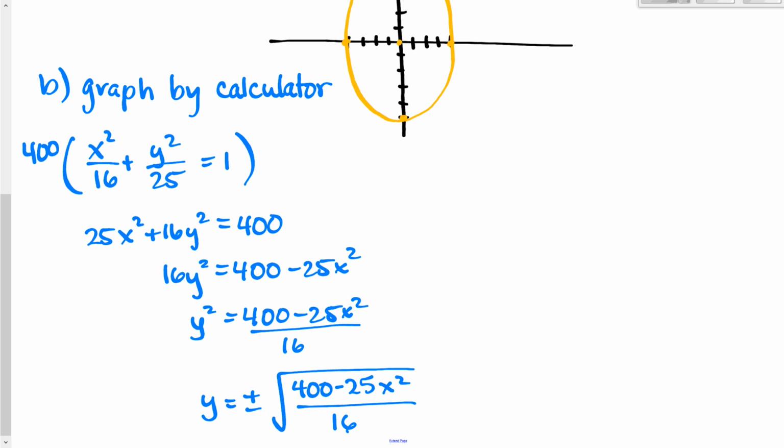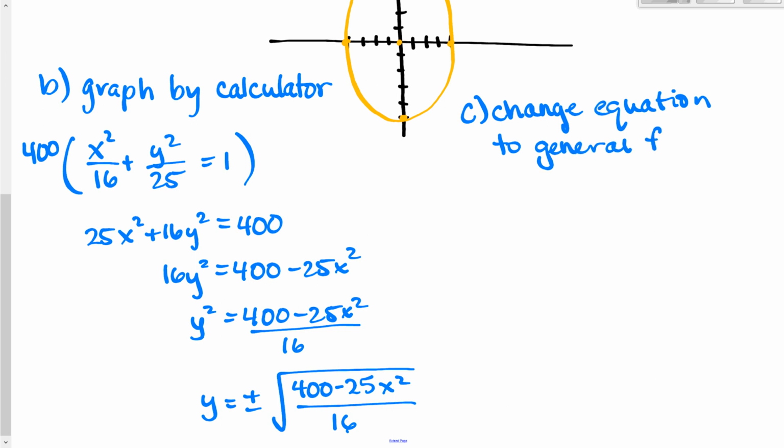Okay, and then we're going to do part C, which is change the equation to general form. All we need to do is take the equation, which we already did almost all of the work on right here.